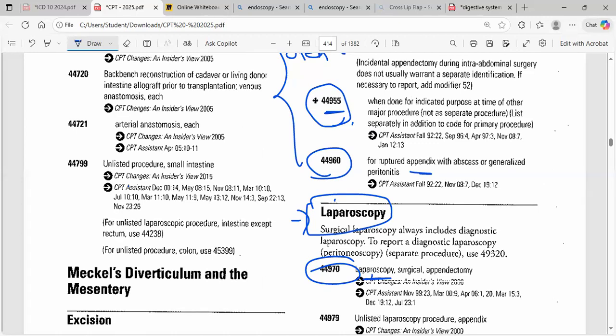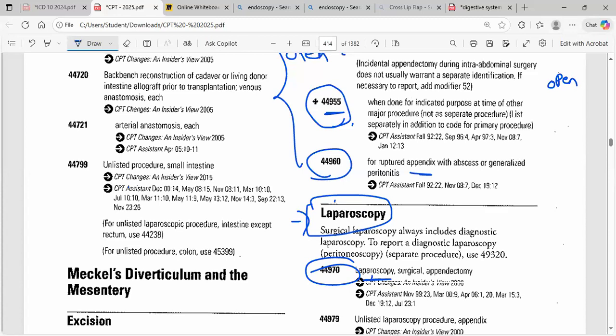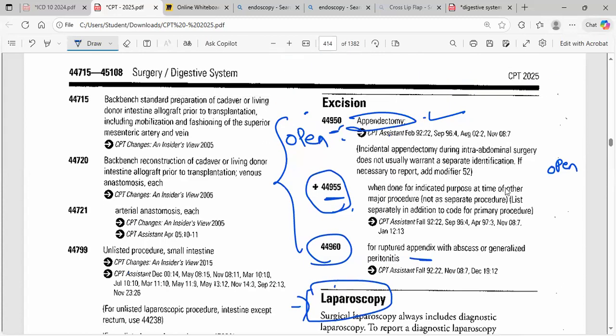So again, for appendectomy, we have two types of code, one for the open approach and one for the laparoscopic approach. For the open approach, we have three codes, 950, 960, these two based on the disease. If it is for the ruptured appendix, we have to code it 960. If it is an open appendectomy, 950.